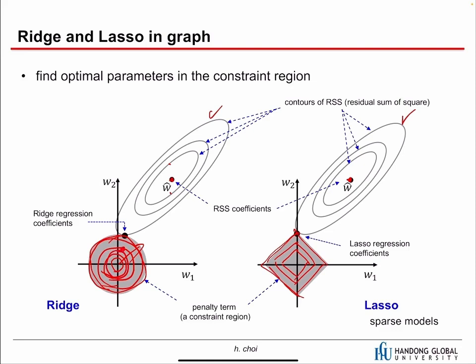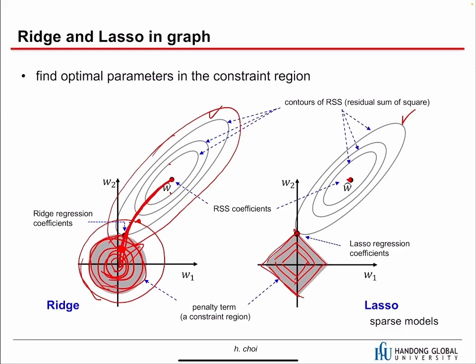Then we cannot minimize this term. But if we increase this circle, then we can minimize this objective function further. So depending on this parameter, the weight, then we can find the solutions around here. So on this curve, we can find the solution.